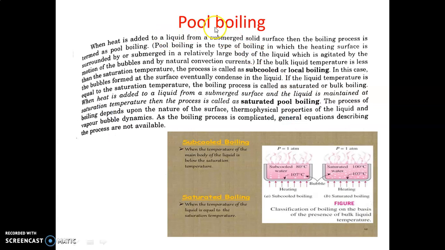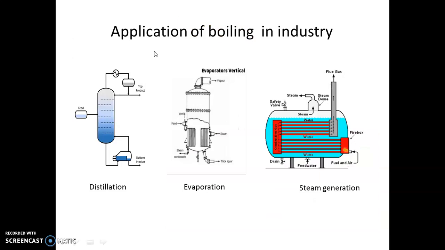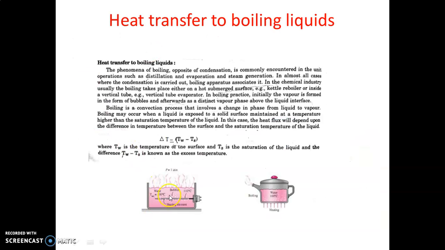In the chemical industry, one of the types is called pool boiling. What is meant by that? When heat is added to a liquid from a submerged solid surface, the boiling process is known as pool boiling. You have to maintain a pool of liquid, a certain level of that liquid.